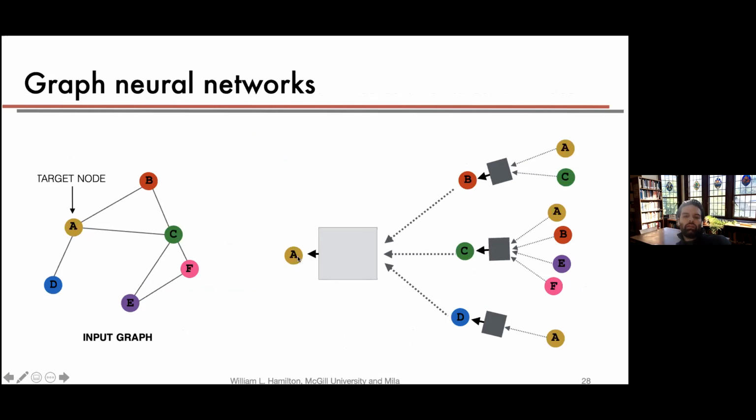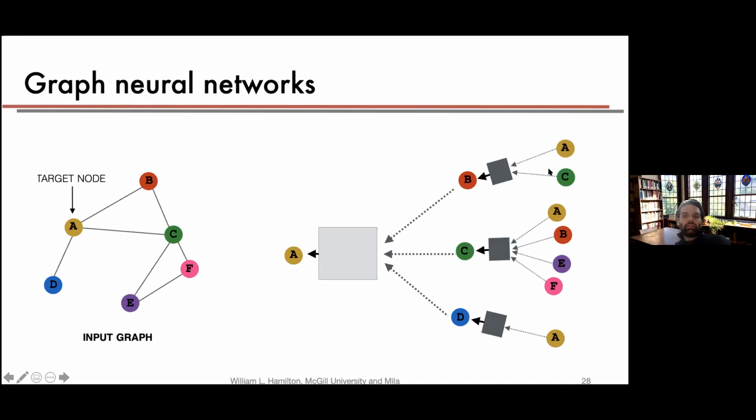So here, node A, to get its representation at what we call the second layer of this graph neural net, is going to depend on information that A is aggregating from its neighbors, nodes B, C, and D. And this information A is aggregating from its neighbors is aggregating information from the previous layer in the graph neural net. Then the information at layer 1, in turn, depends on information that these nodes are aggregating from layer 0.